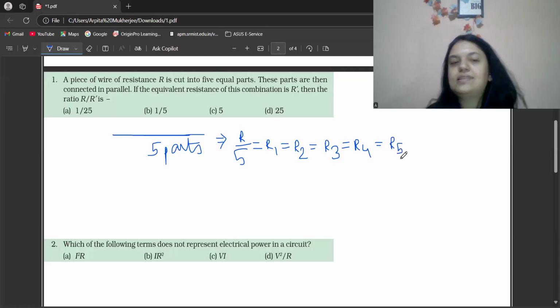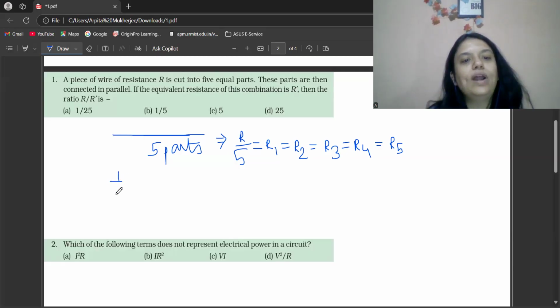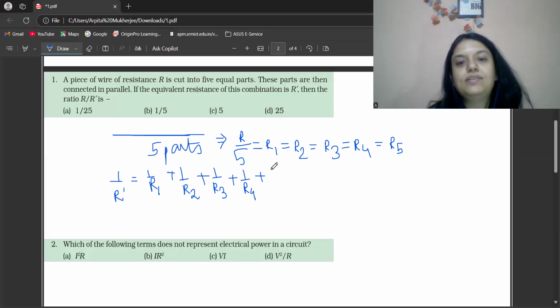Now, all the resistances are connected in parallel as given in the question. So let us write 1 by R prime is 1 by R1 plus 1 by R2 plus 1 by R3 plus 1 by R4 plus 1 by R5.